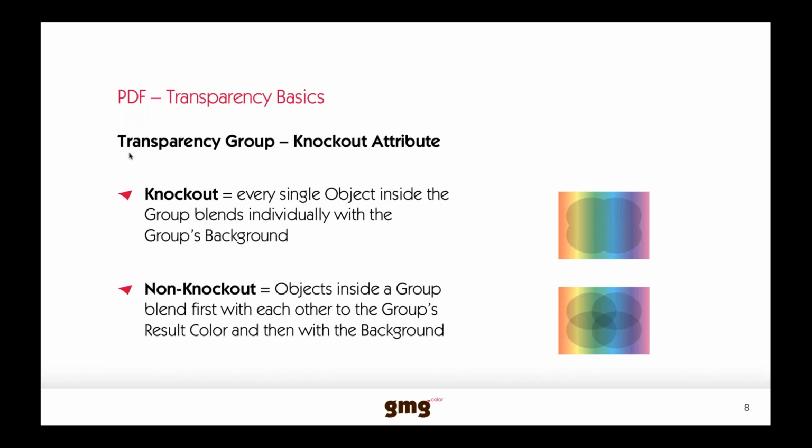What I will show you with these examples is the difference between these transparencies and what the color server, for example, does with this information afterwards in the processing. We will have a look into the files afterwards.